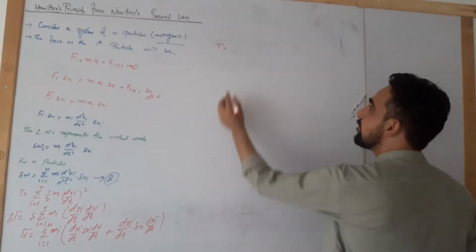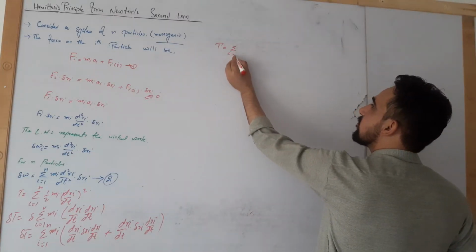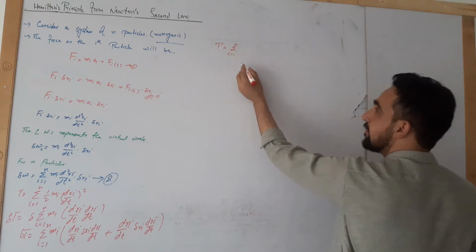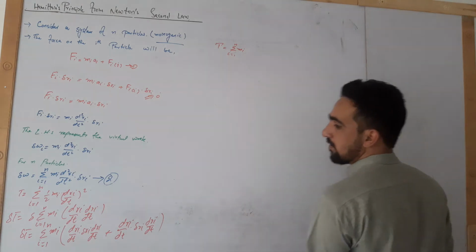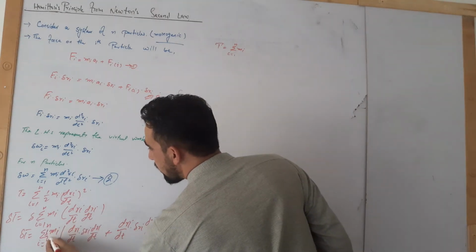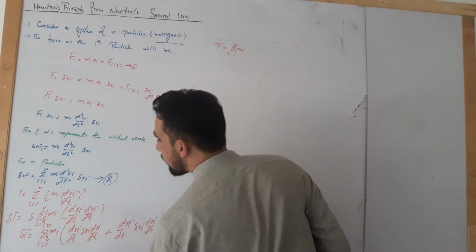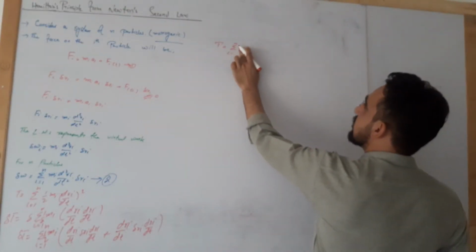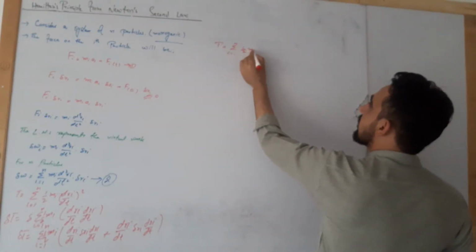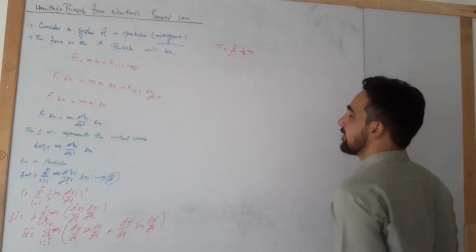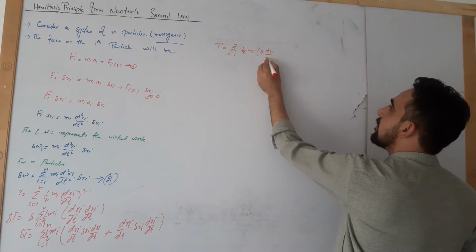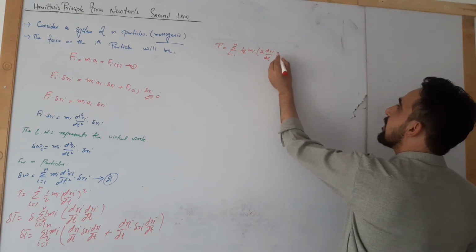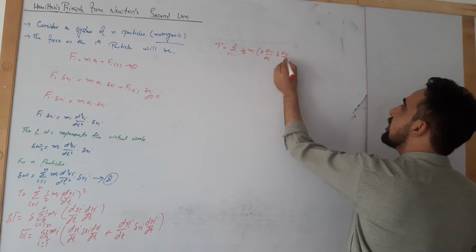So we will have our kinetic variation del T is equal to summation i is equal to 1 up to n half Mi times 2 dRi over dt del dRi over dt.